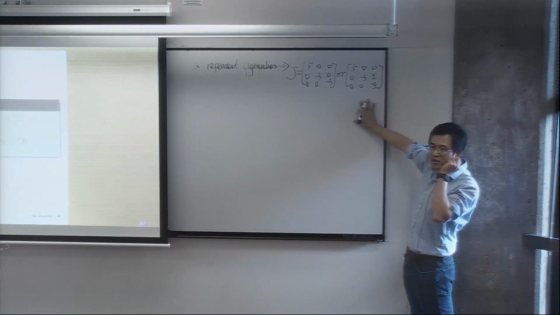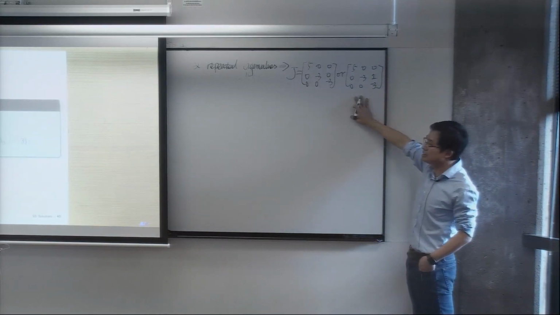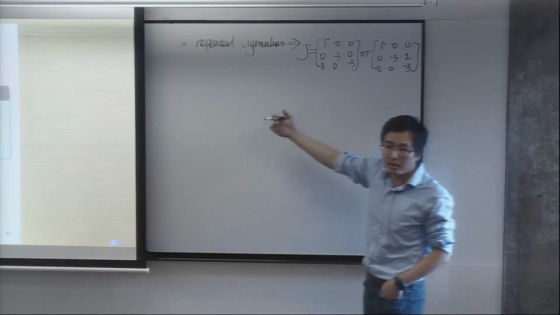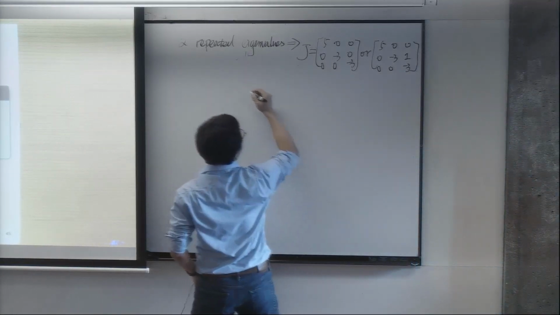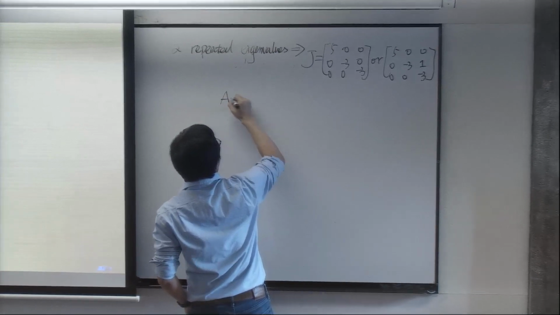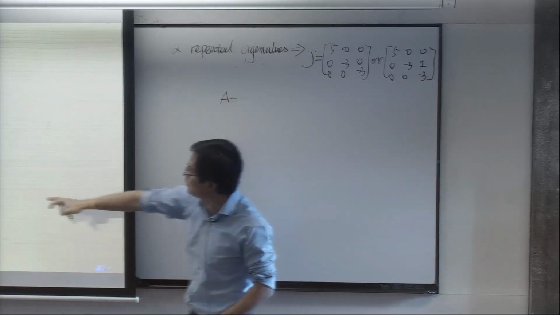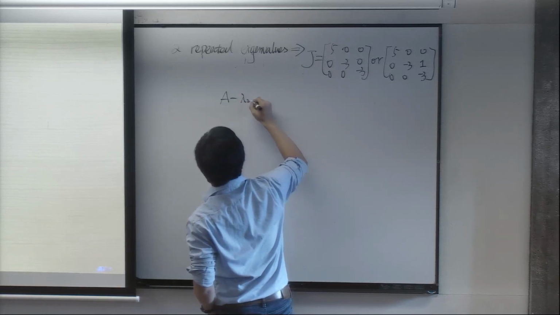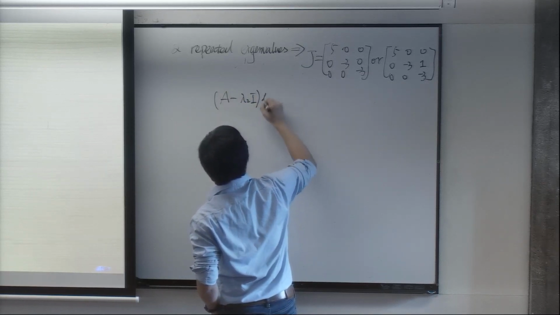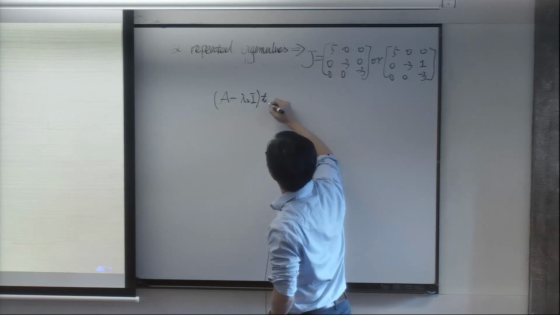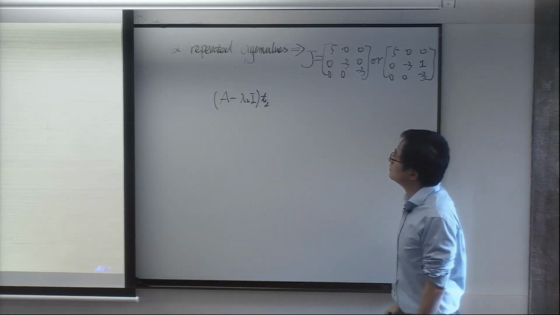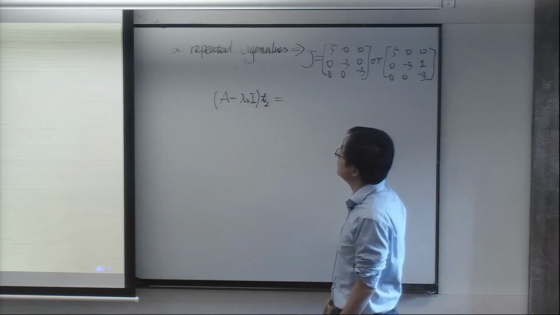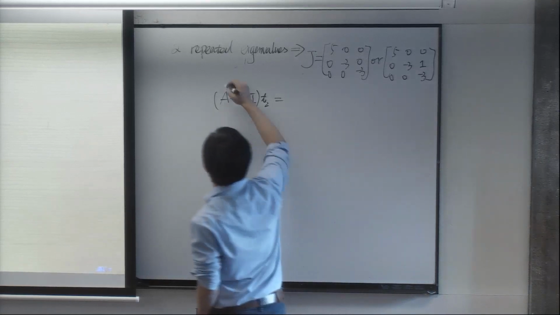Exactly which one happens depends on how many linearly independent solutions I can get from A minus this repeated eigenvalue. So that's something we need to do as a big picture.